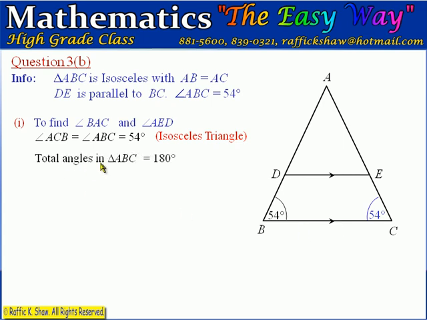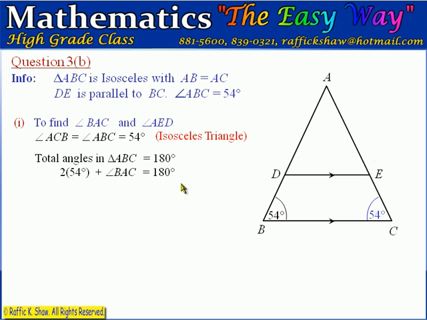So we can show that the total angles in triangle ABC is 180 degrees, and therefore 2 multiplied by 54 degrees plus the angle at A, angle BAC, is equal to 180 degrees. That's 54 degrees here, and 54 degrees here, that's 2 times 54 degrees plus the angle at A, angle BAC, which we want to find.